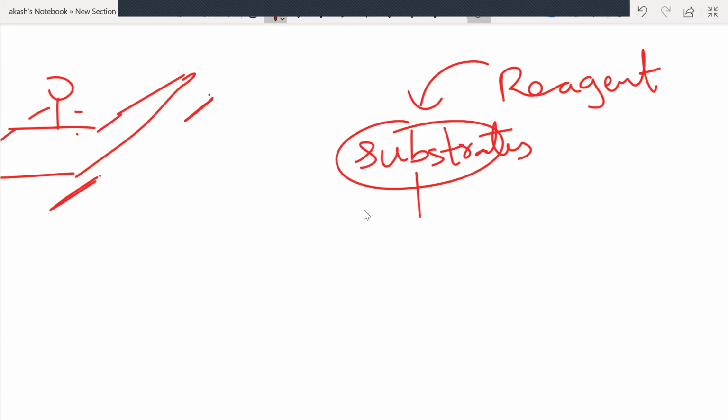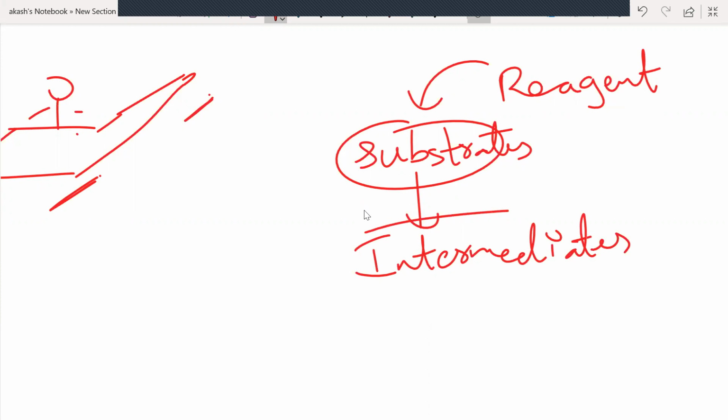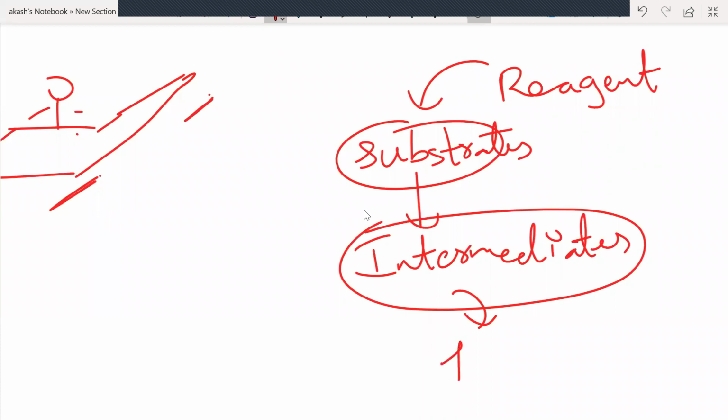Now they both will react together, and they're going to form intermediates. And I told you that these intermediates are unstable, so they will eventually gain something or lose something to form the final products. Okay, so this was the flow chart.